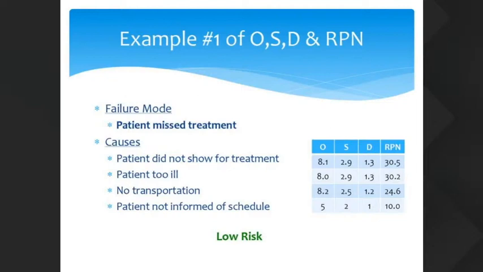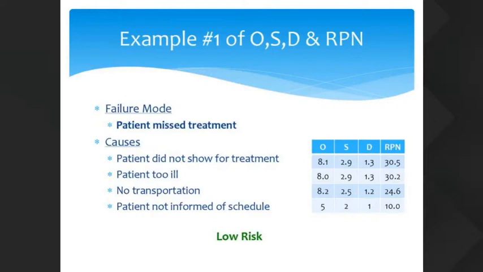Now you can see what we scored, our average numbers for our subgroup for the occurrence, severity, and detectability. Then we multiplied those values to get the RPN. These were basically all low risk combination failure mode causes, so they ended up lower on our list.